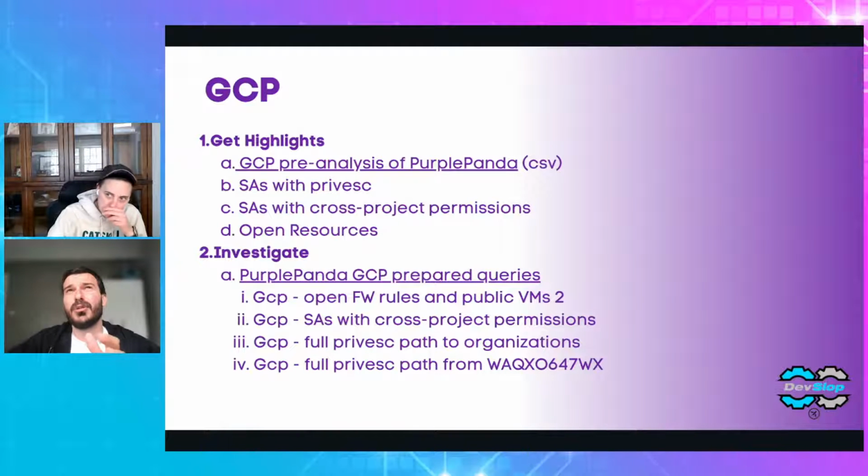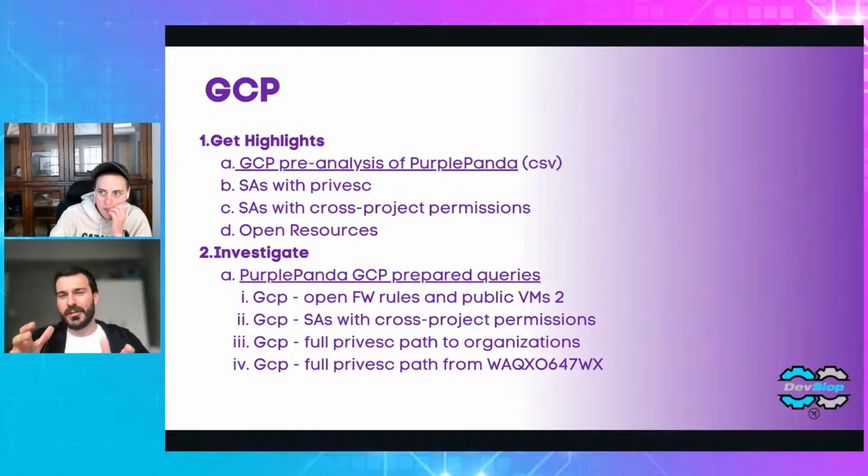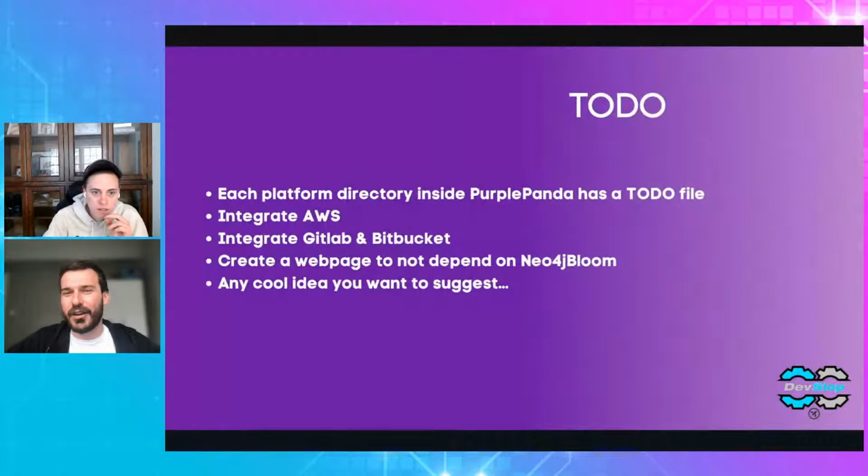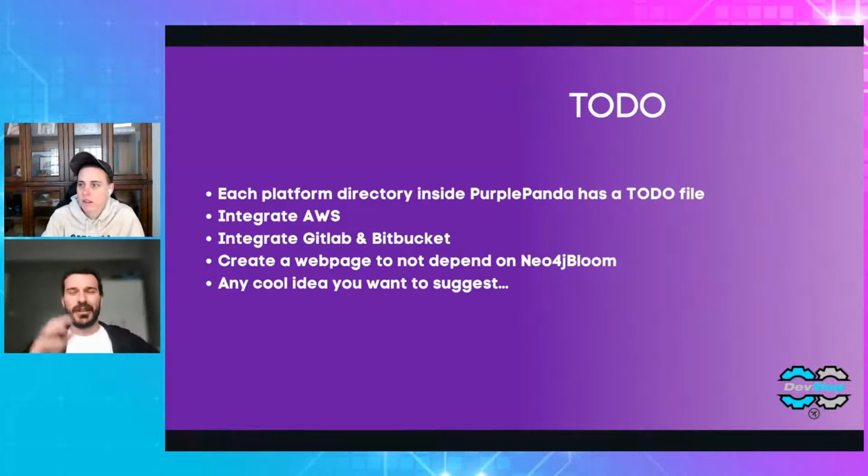We also generate maybe 10 CSVs per platform, and we have 2 more platforms to check, which at this point are Kubernetes and CI, and I hope I will be adding more. This was a very brief view of the tool. If you're interested in knowing more, just run it and start playing with it. It's kind of fun to find all the privileged ways you can compromise an organization.